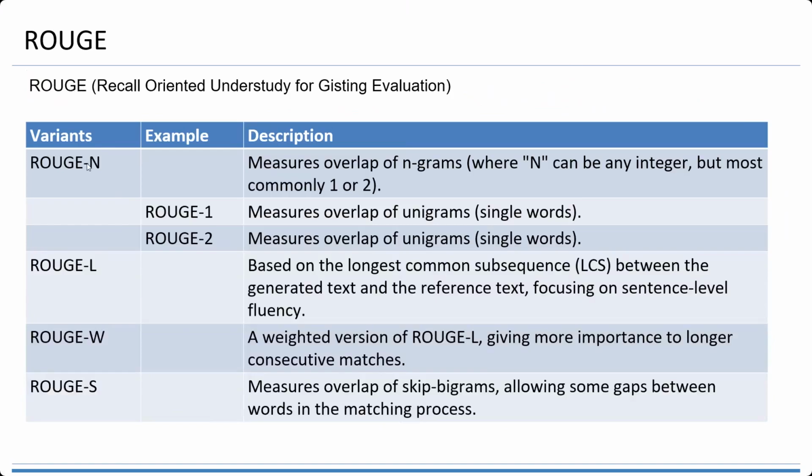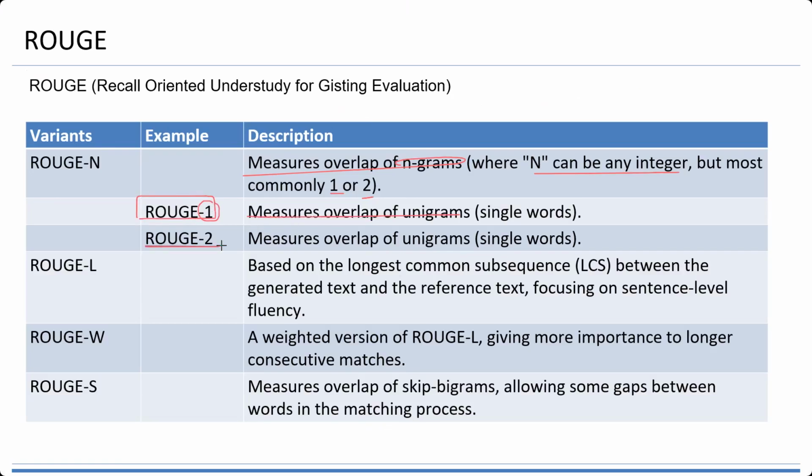We have ROUGE-N. N means we want to measure the overlap of n-grams. N can be any integer, but mostly it is 1 or 2. For example, if we call ROUGE-1, it means we want to measure the overlap of unigrams.